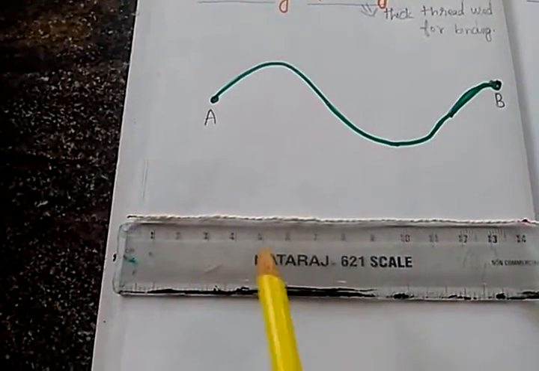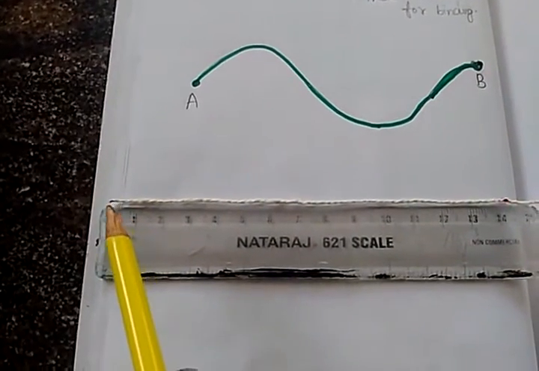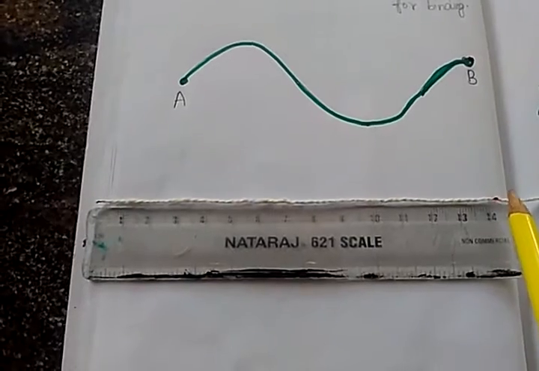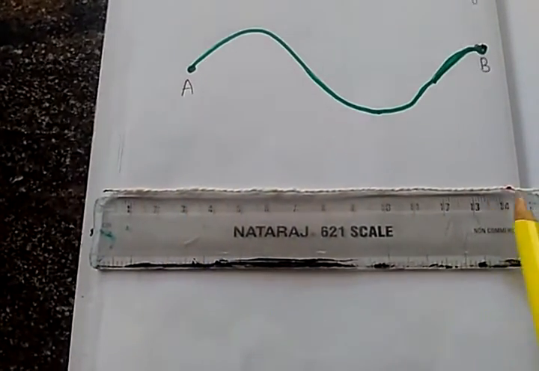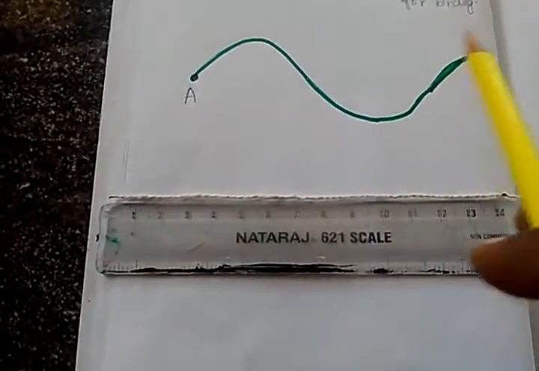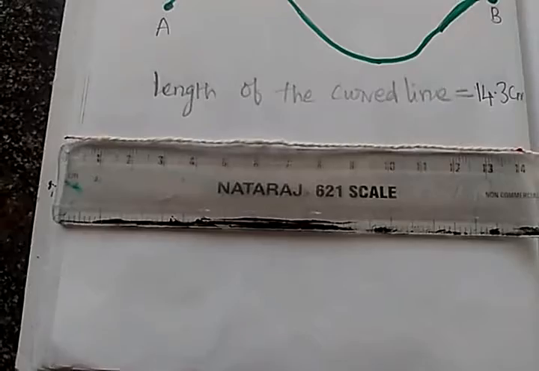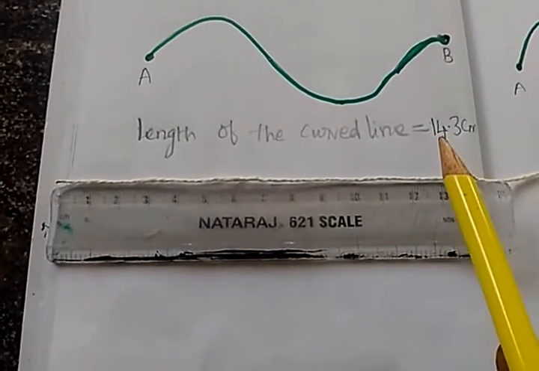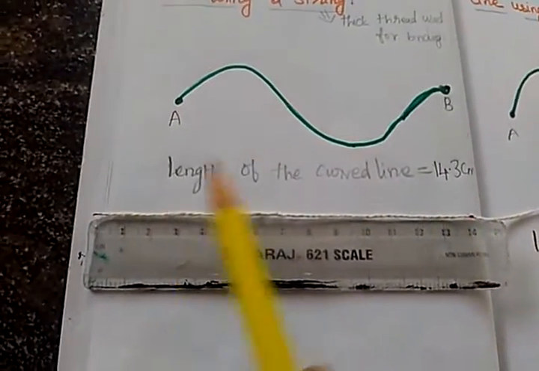Finally, we measure the distance between the two markings on the string. This will give the length of the curved line. We measure 14.3 centimeter. Do you understand?